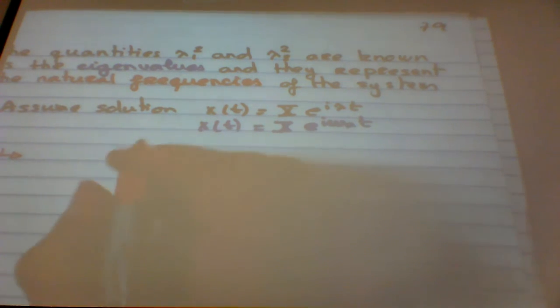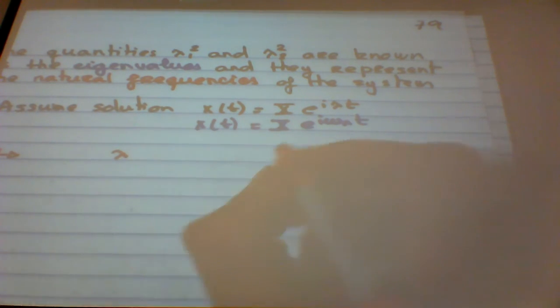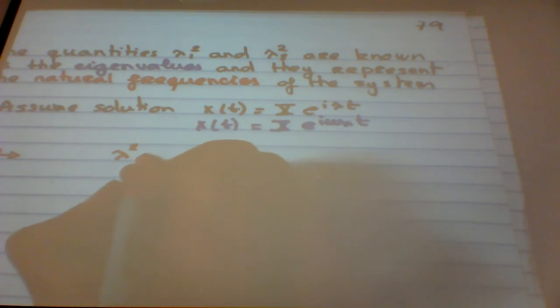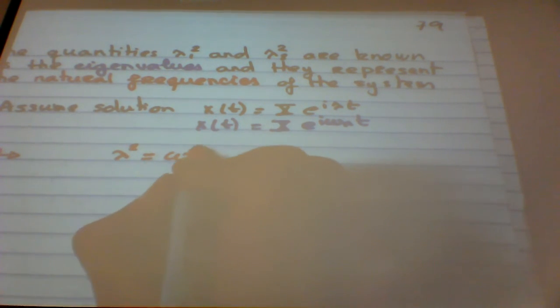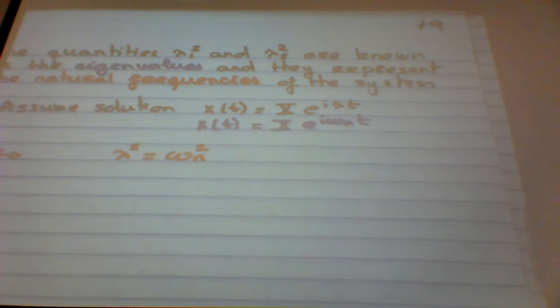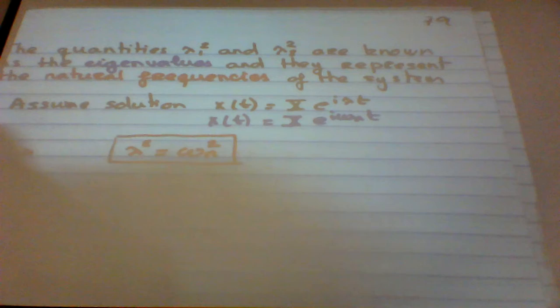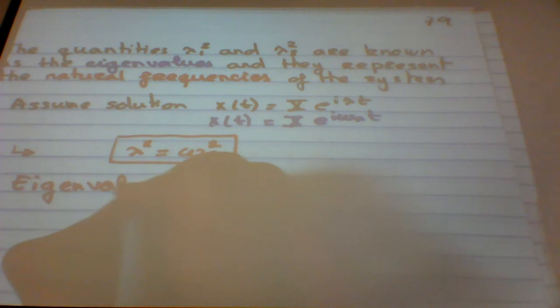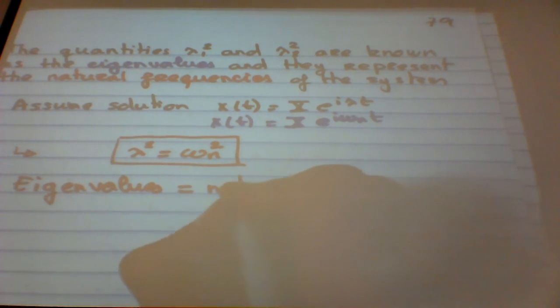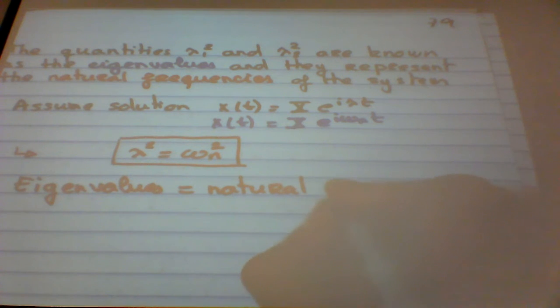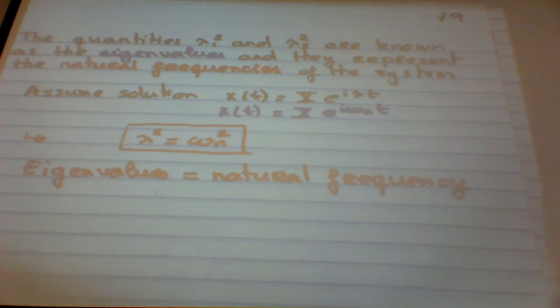So lambda squared should be equal to omega n squared. What I want you to know here is that eigenvalues equal natural frequency, or natural frequencies.